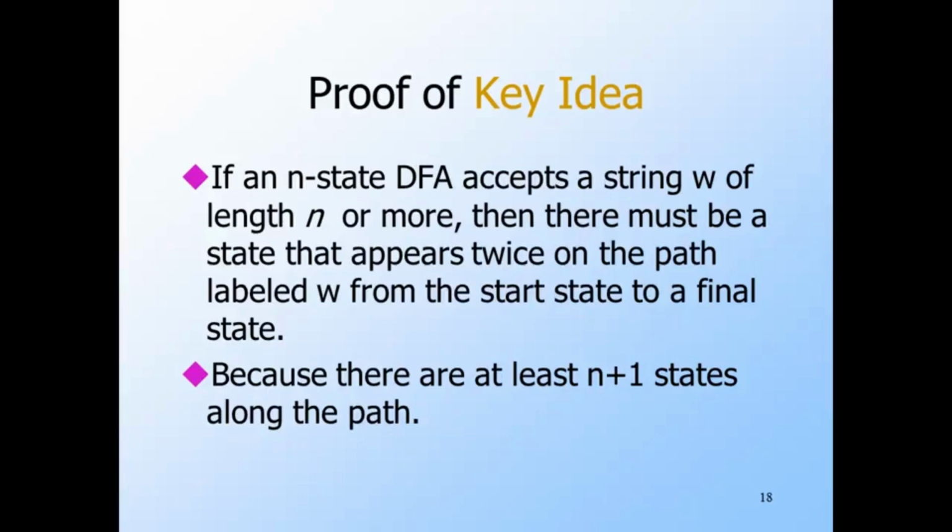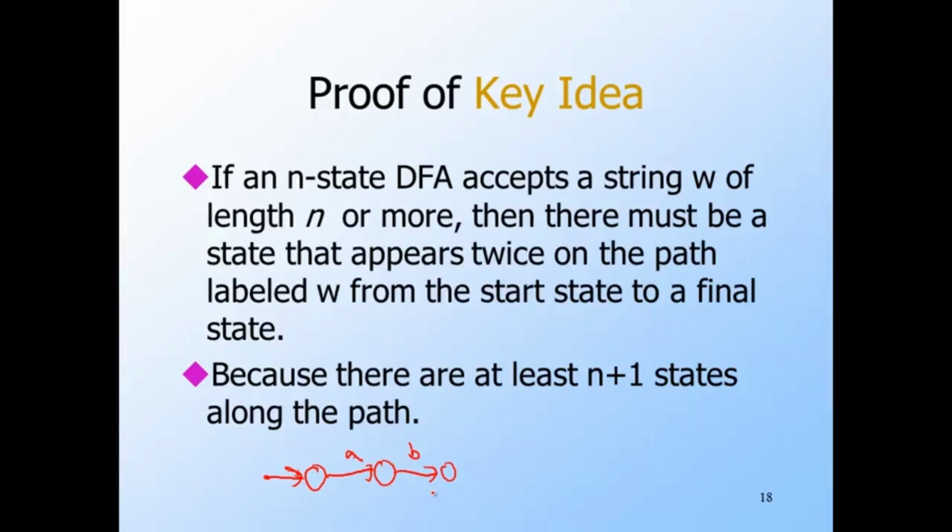First, observe that a string of length n or more has at least n plus 1 states along its path. For example, a string of length 2 has 3 states on its path. Here is a typical picture we might have. String AB looks like that. Notice, the number of symbols in the string is the number of arcs, and there's always one more node than there are arcs in the path.